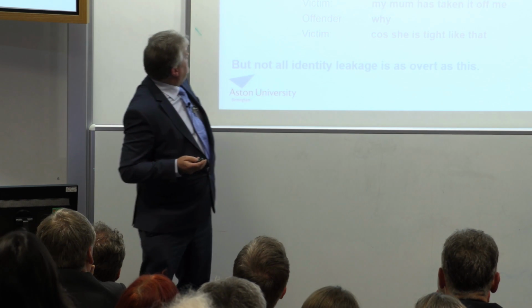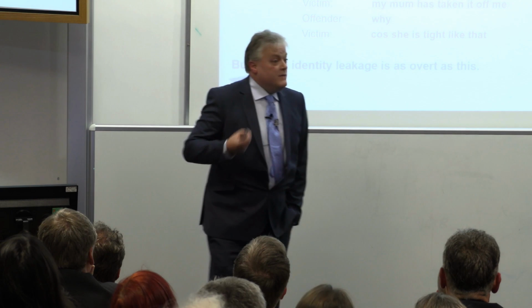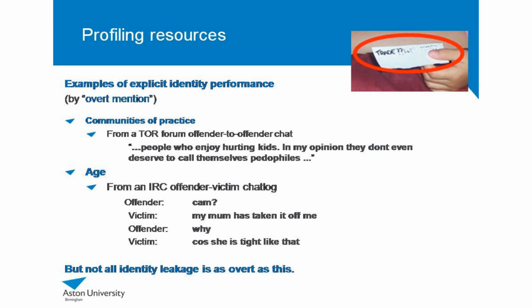I'm going to speed up just a little bit. First of all, there are the overt mentions, the explicit performances. So these are two texts from a Tor forum. The first one there is two offenders chatting with one another, saying that people who hurt children are the wrongdoers. There'll be a parallel forum where it's utterly sadistic and people who hurt children are valued, but in this forum, although they're sexually abusing these children, they see themselves as above that second group.